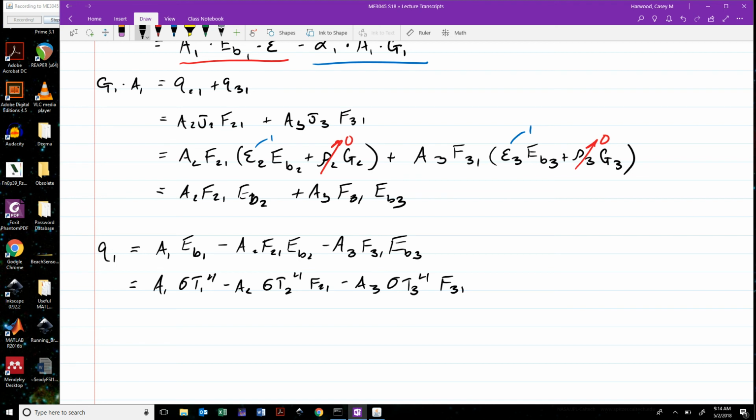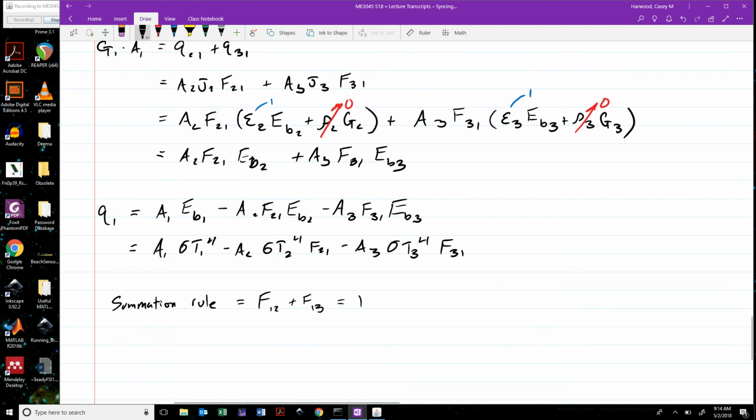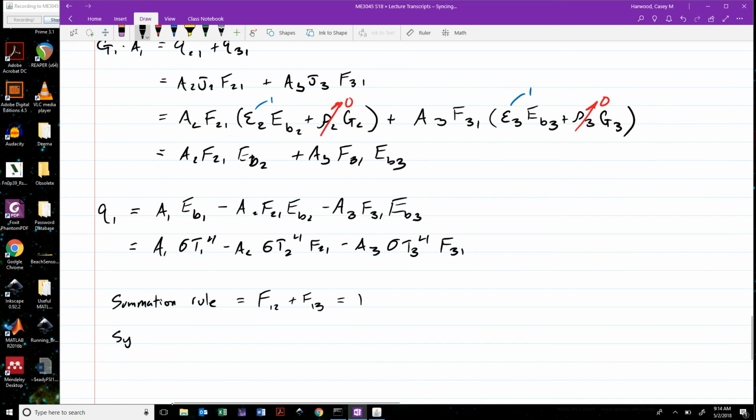For example, the summation rule and the symmetry rule together can be used here. This looks a lot like the example we did with view factors last time. The summation rule would say that F12 plus F13 is equal to 1. And the symmetry rule would say that F12 is equal to F13.